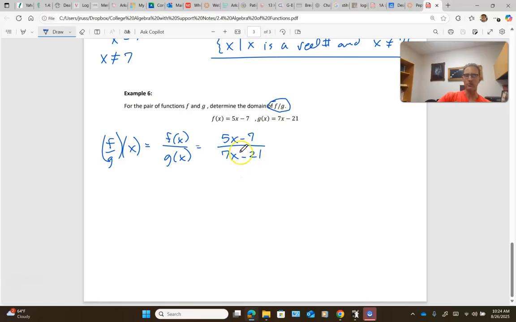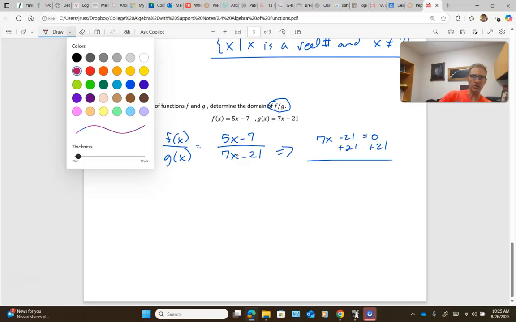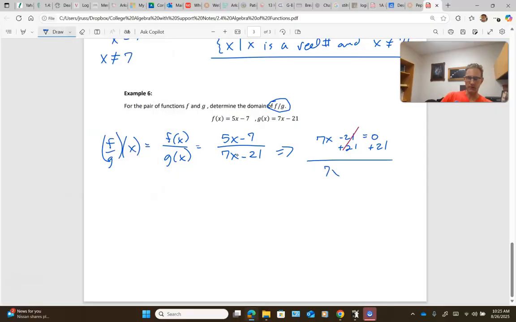And to find that restriction, we're just going to see what makes this denominator 0. So in other words, you take that denominator, you set it equal to 0, and if you solve it for x, it will reveal the restriction. So the first thing we would do is add 21 to both sides of the equation, and that would leave us with 7x is equal to 21, and then we would divide both sides by 7 to isolate x, and we get x is equal to 3. 21 divided by 7 is 3.